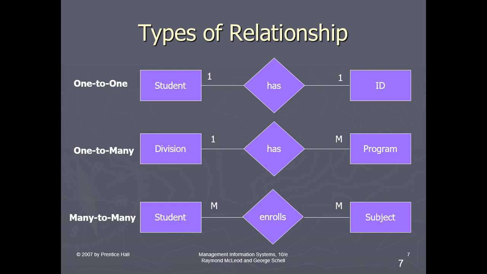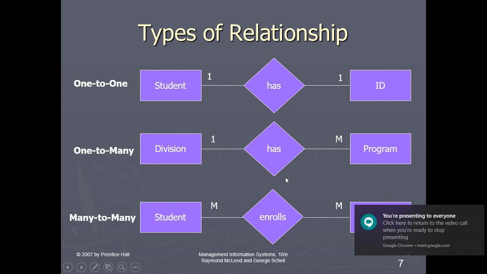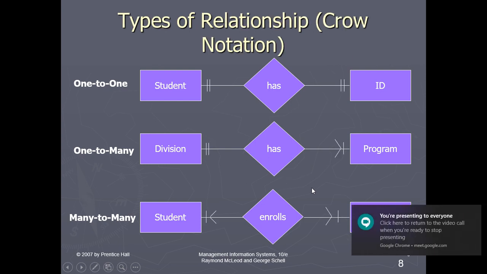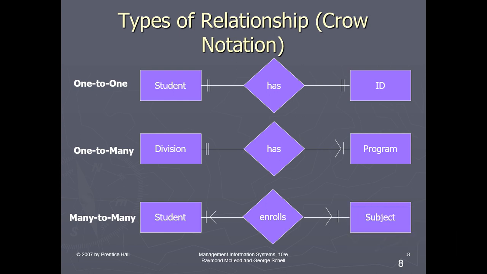So when we identify the types of relation, if it is 1 we put 1, and if it is M we put M. So that is the easy way, 1 and M. So to identify 1 to many, M on the other side. But in the next slide, they are using another way of putting the notation to identify it is 1 and the other side is many.